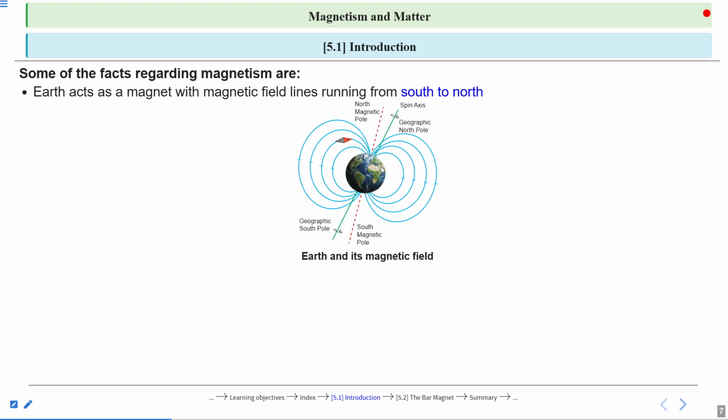You can see all the magnetic field lines entering at this point, at some distance from the geographical North Pole.